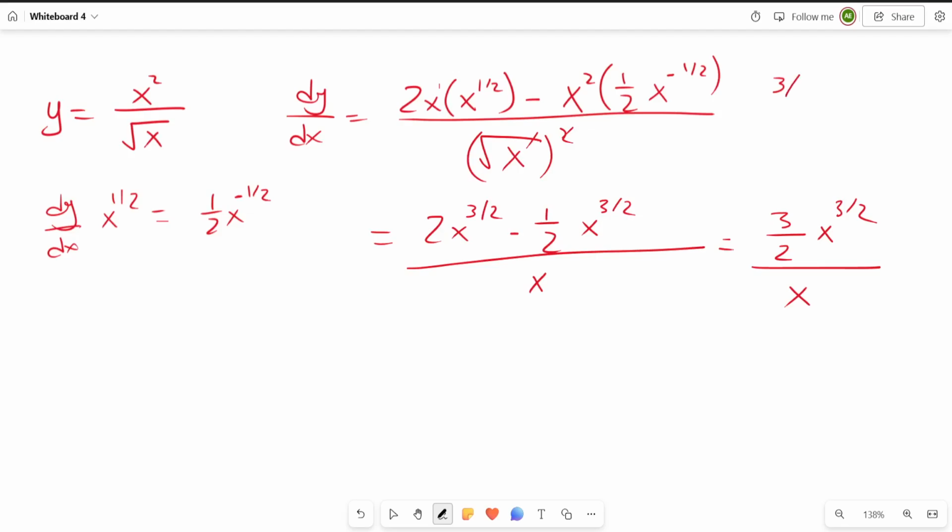When you divide, you subtract the powers. So we have a 3 over 2 minus 1, or 1.5 minus 1, which is basically half. So these two I can rewrite as 3 over 2 times root of x, or x to the power of half, which is the same as root of x.